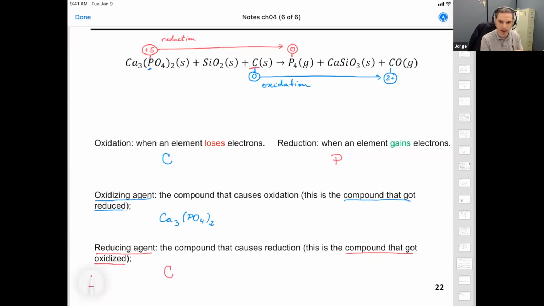That's why, in this case, phosphorus is the element that reduced. However, the oxidizing agent is calcium phosphate, because this is the compound that contains the phosphorus. And always look at the left side because that's where everything started.